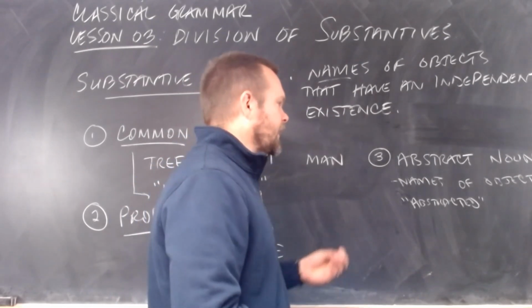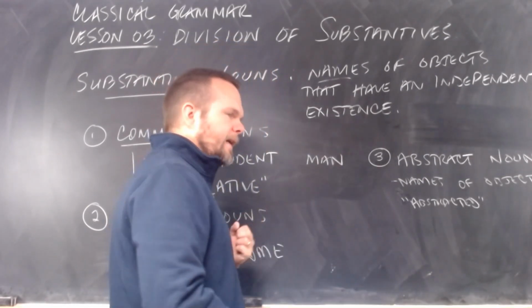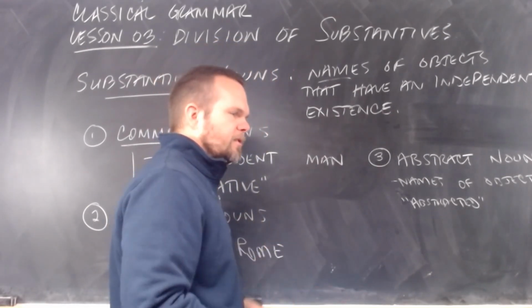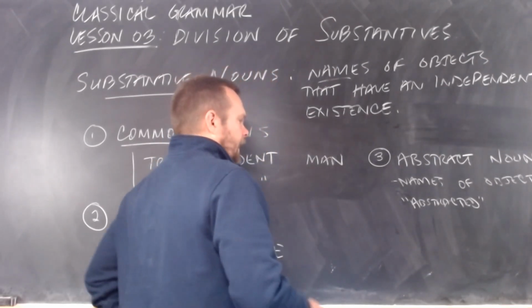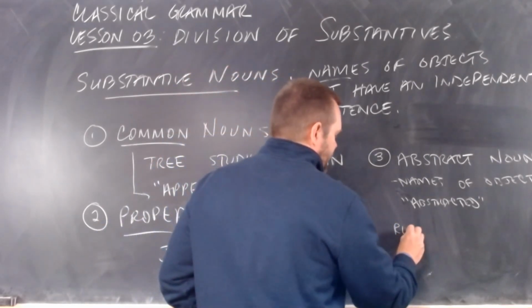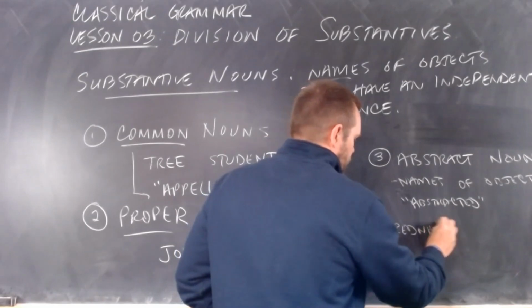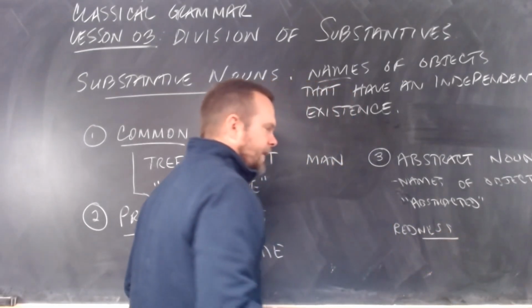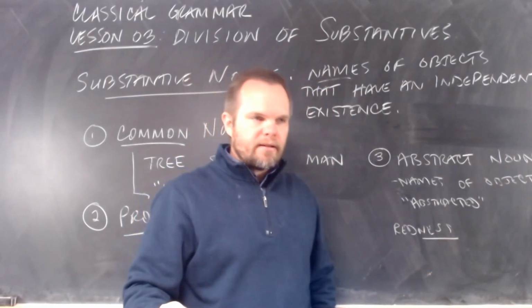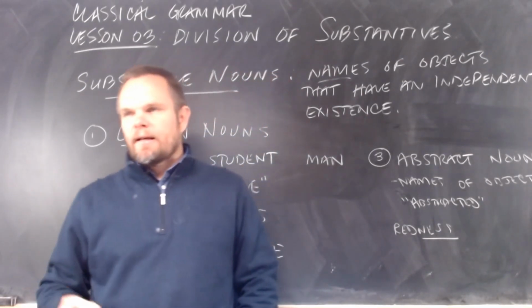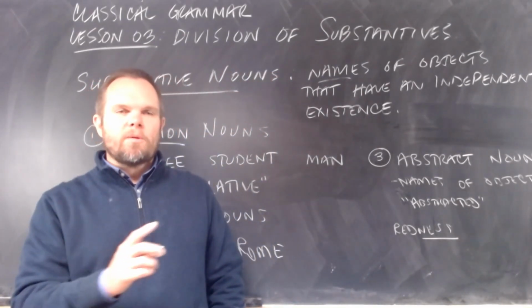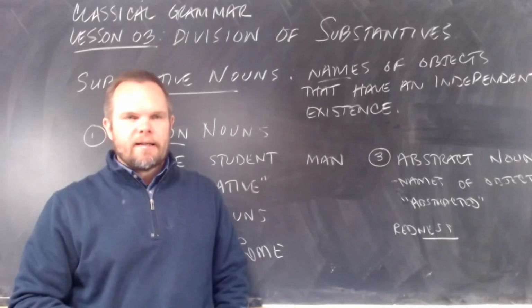Names of objects or ideas that are abstracted from sensible things: abstract nouns. An example is redness. And you'll see this ending ness at the end of many nouns, and normally those nouns will be abstract nouns.